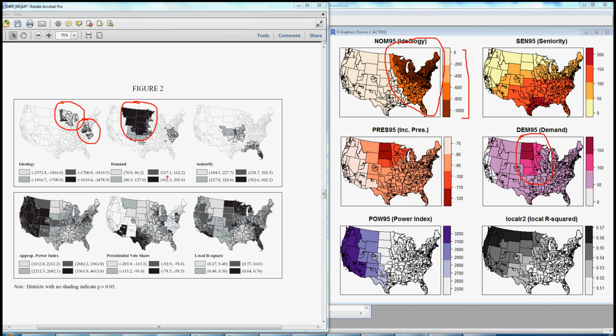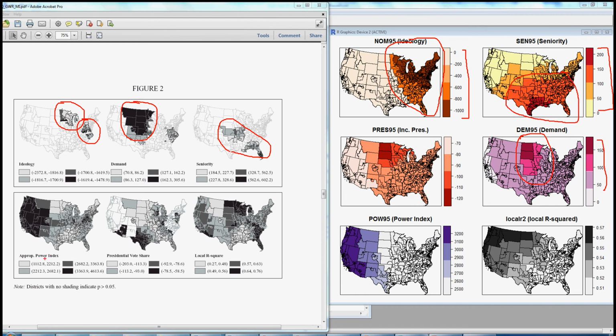It's always positive for the original authors, and it's always positive for us as well if we look at the scale. Looking at seniority, the original authors found that seniority is also always positive, and that effect is really strongest in the south, maybe especially in the southeast. And we find something similar, right? The effect is always positive, and it's really strongest in the south of the United States.